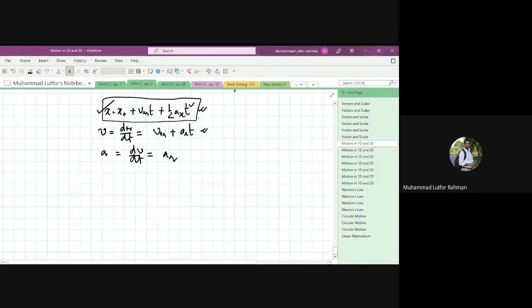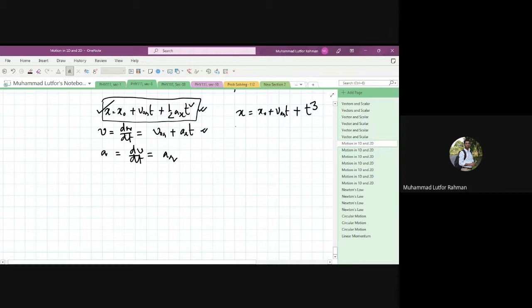So if any particle moves according to this equation, it moves at a constant acceleration. What about if the particle is moving according to this equation, x naught plus v naught x t plus t square plus one more term, t cube? What will happen? Now look at this.